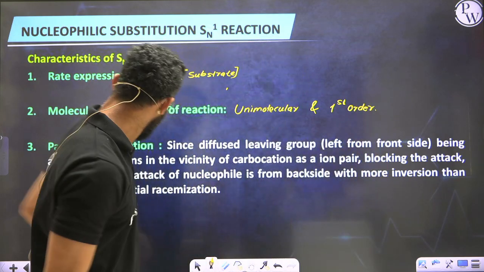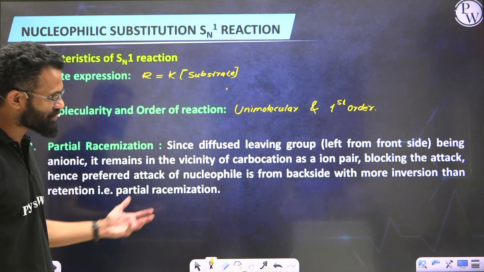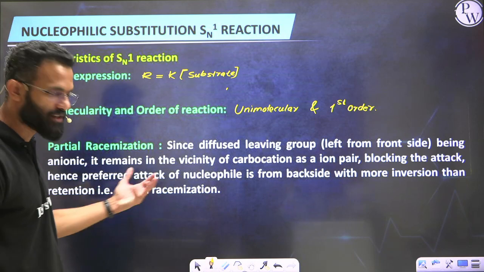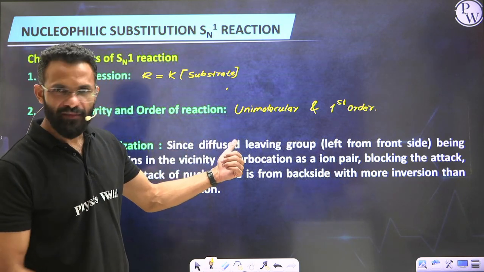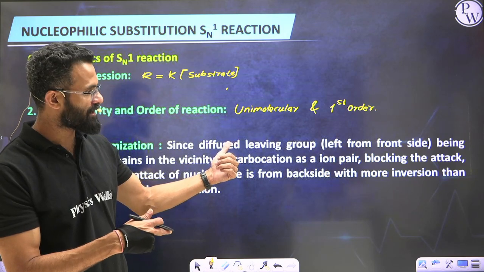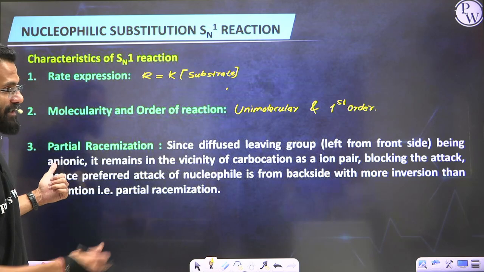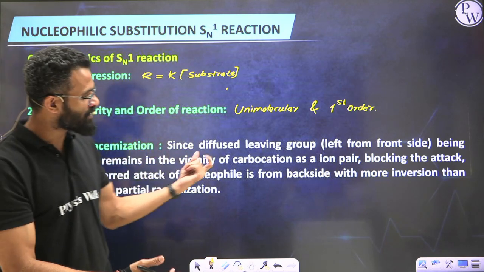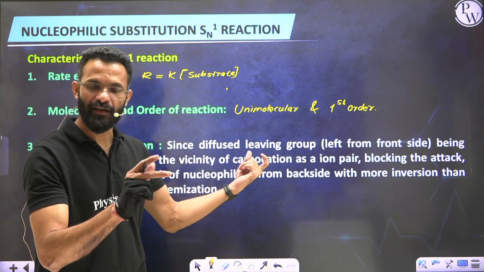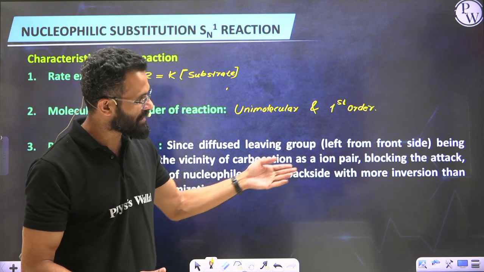Alright everyone, and then partial racemization. I have explained it earlier, but just to have a record of it, you can see on your screen. Since the departed leaving group, in this example the bromide ion, has left from the front side, being anionic, the Br minus remains in the vicinity of the carbocation as an ion pair, because the carbocation is positively charged and Br minus is negatively charged.